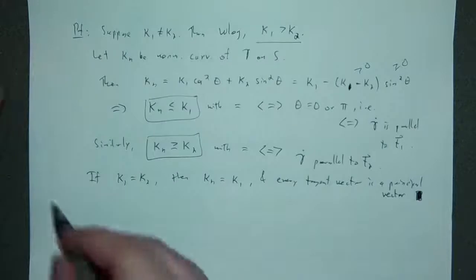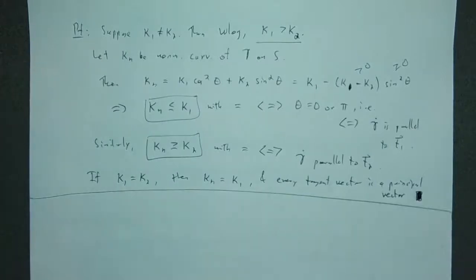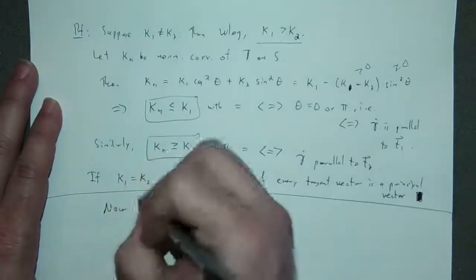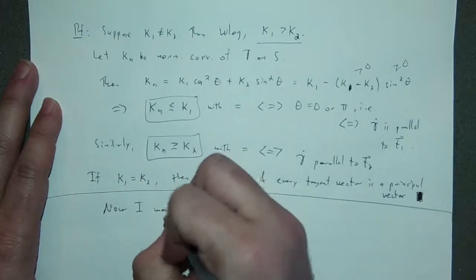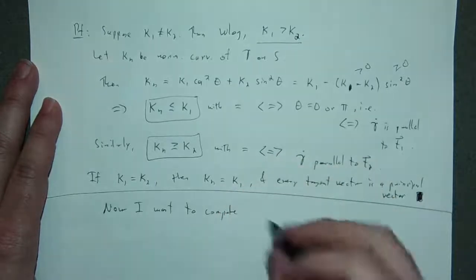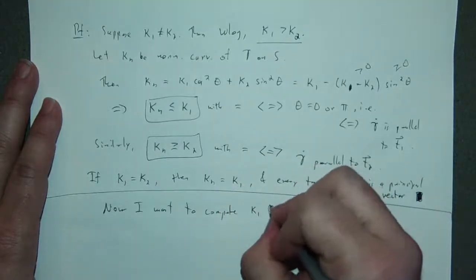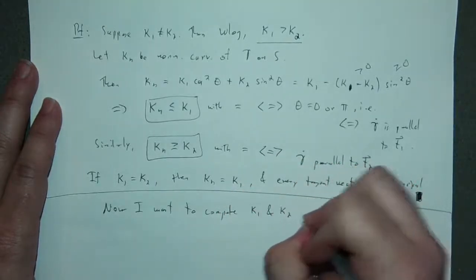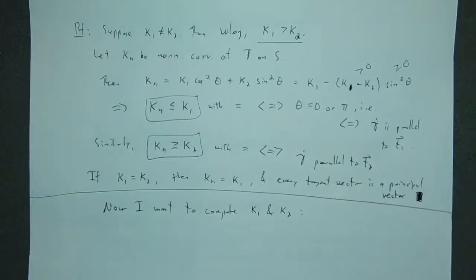Okay, so those are some very, very nice conceptual properties of the principal curvatures. But now I actually want to compute kappa sub 1 and kappa sub 2. So how do I do that?